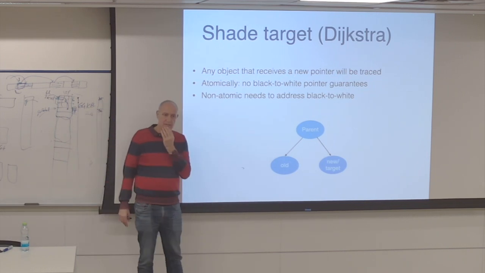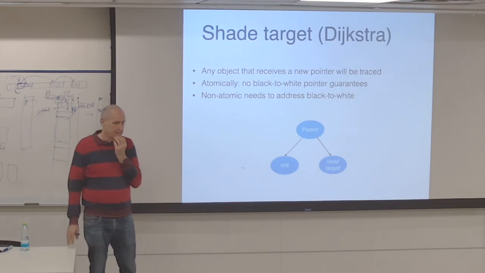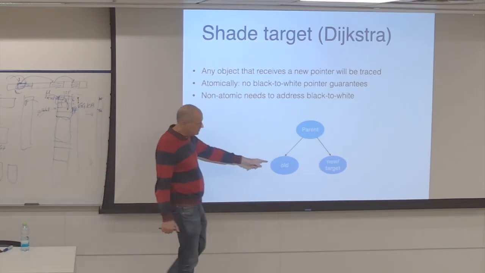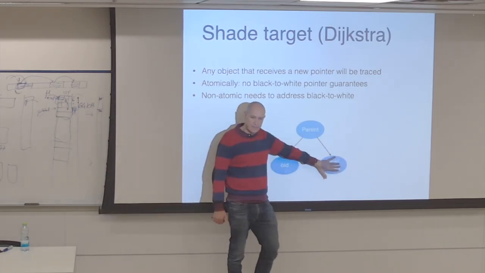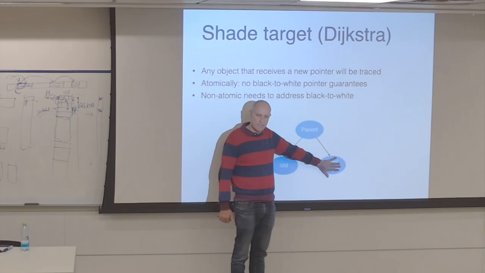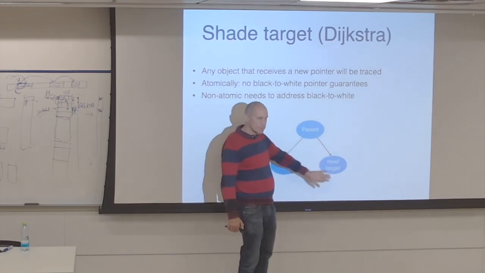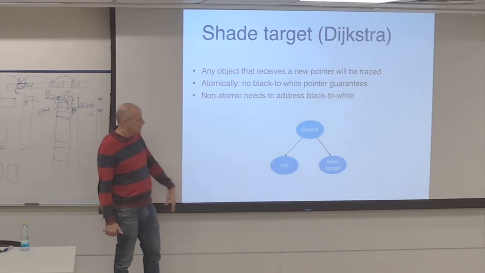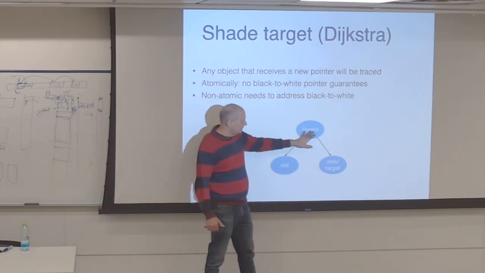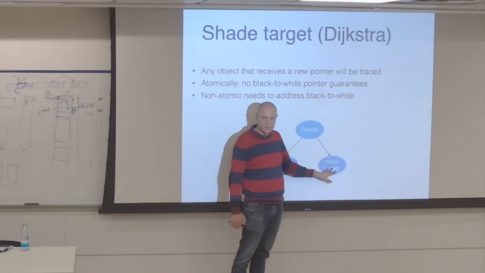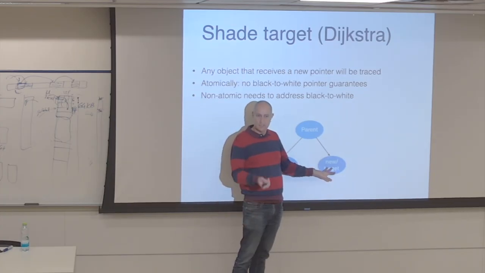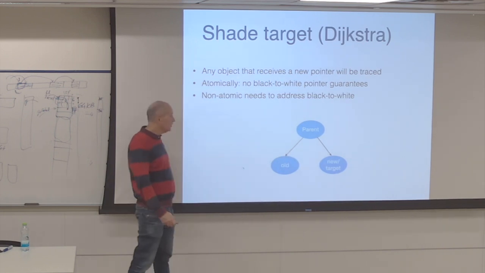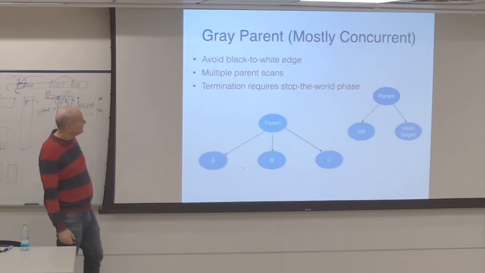I don't think there was later research that did better, that used this write barrier and did multiple threads. I think it's possible, but it was not done. And Dijkstra says if it's atomic, you just don't have black to white edges. If it's not atomic, we have this analysis showing that it's okay. It still works well for a single thread.